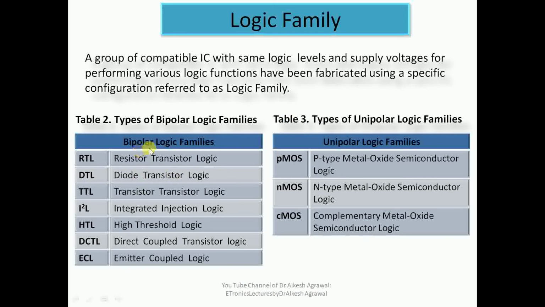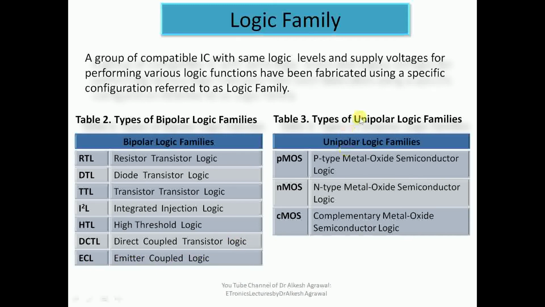In bipolar logic families we have some important logic families that are RTL, which is resistor transistor logic, DTL, diode transistor logic, TTL, transistor transistor logic, I2L, integrated injection logic, HTL, high threshold logic, DCTL, direct coupled transistor logic, and ECL, emitter coupled logic.